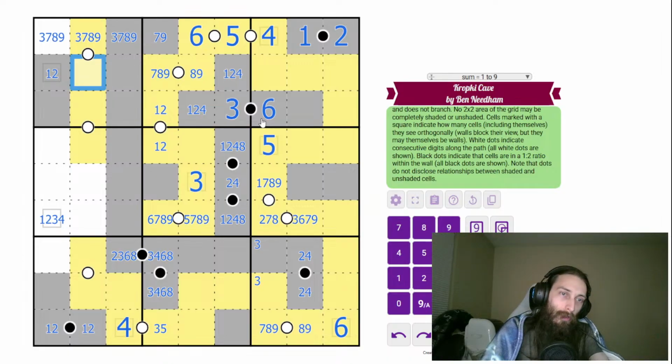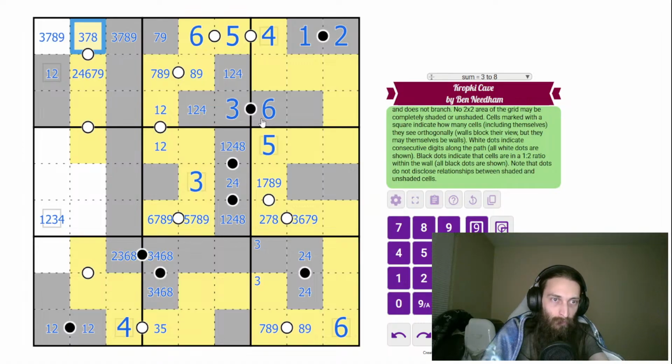Okay, a 3 would go to 2 or 4, and then 6, 7, 8, 9. Where it can't have an 8, because I already know there's an 8 over here, which removes 9 from the top.